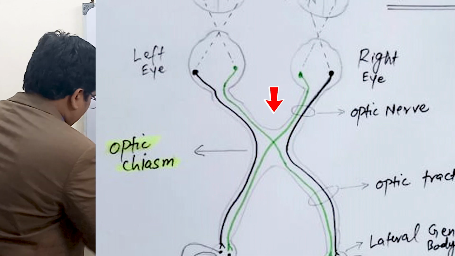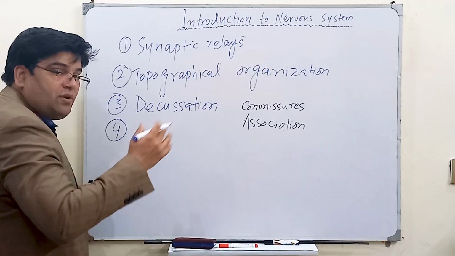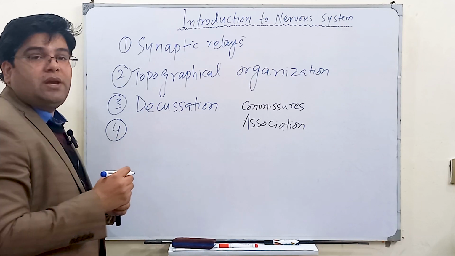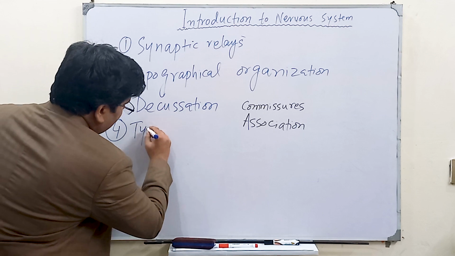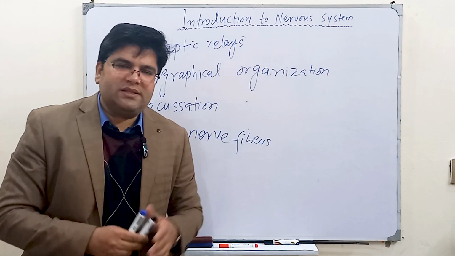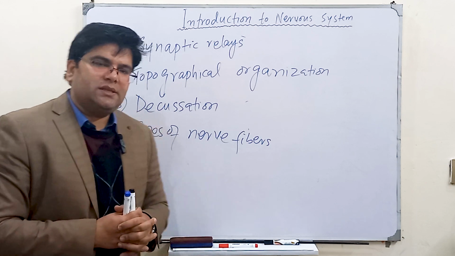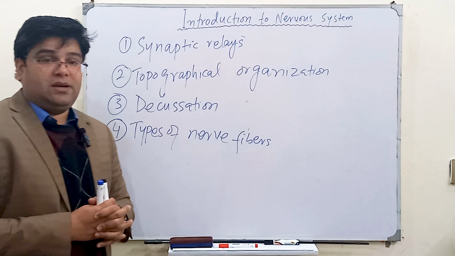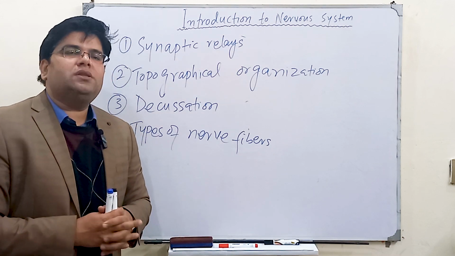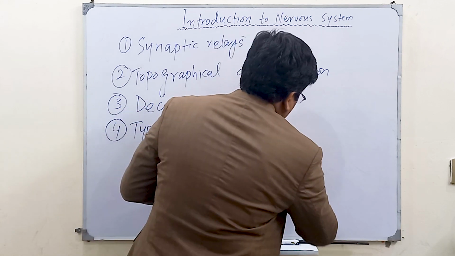Another important common feature of the sensory and motor systems is the types of nerve fibers. The nerve fibers used by the sensory and motor systems for the transmission of signals vary in their diameter and their myelination.